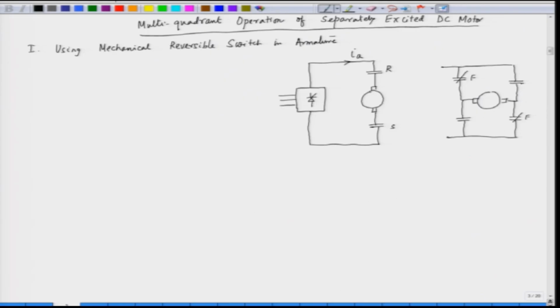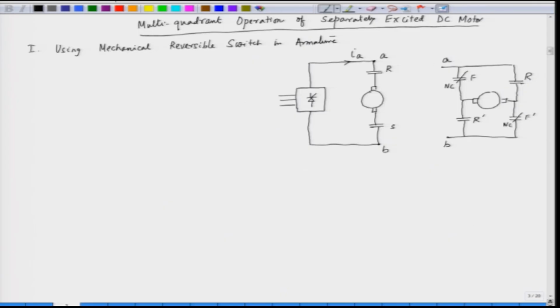If we say this is our point A and point B, this point A is this point and point B is this point. So we have 2 pair of switches, F and F prime, and R and R prime. Now, F and F prime are normally closed switches, NC switches.